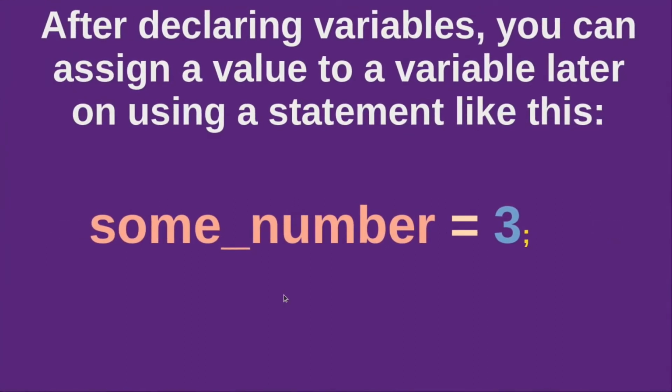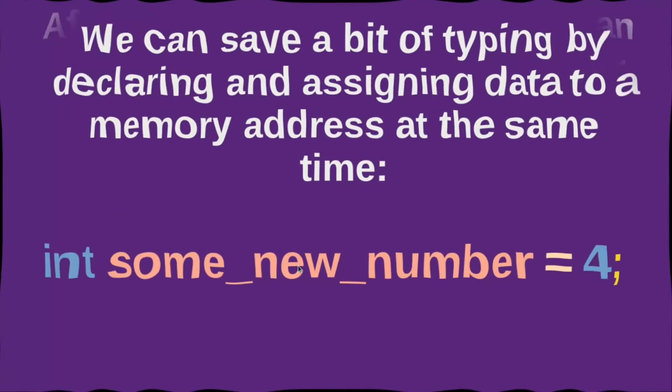Okay, after declaring a variable, you can assign a value to the variable later on using a statement like this, as you can see there. The assignment of a value to a variable is called initialization. The above statement directs the compiler to insert an integer representation of the number 3 into the memory address associated with some number.